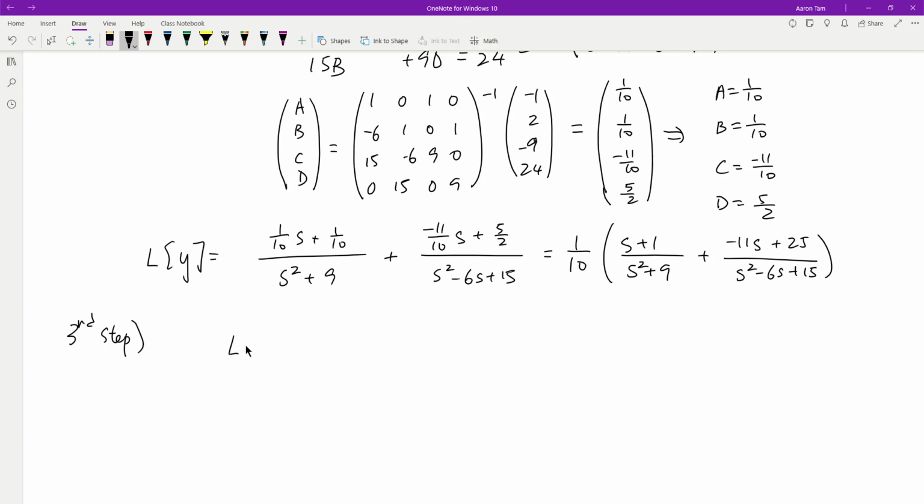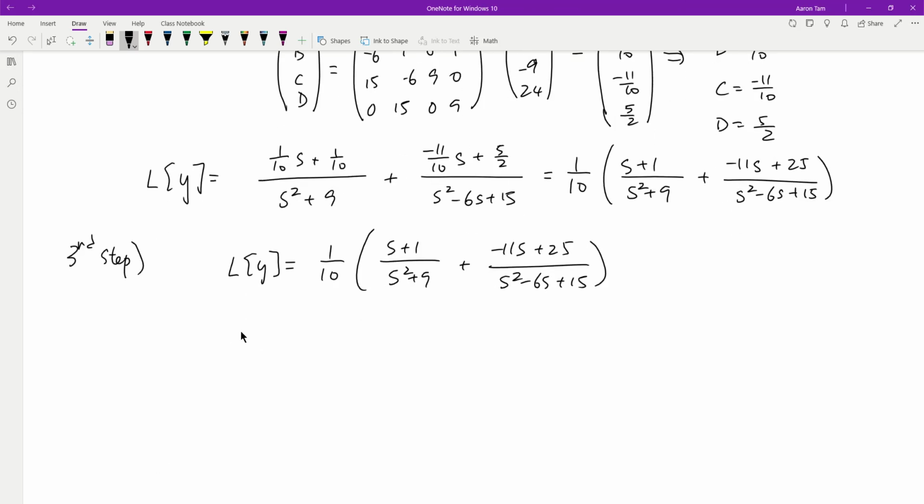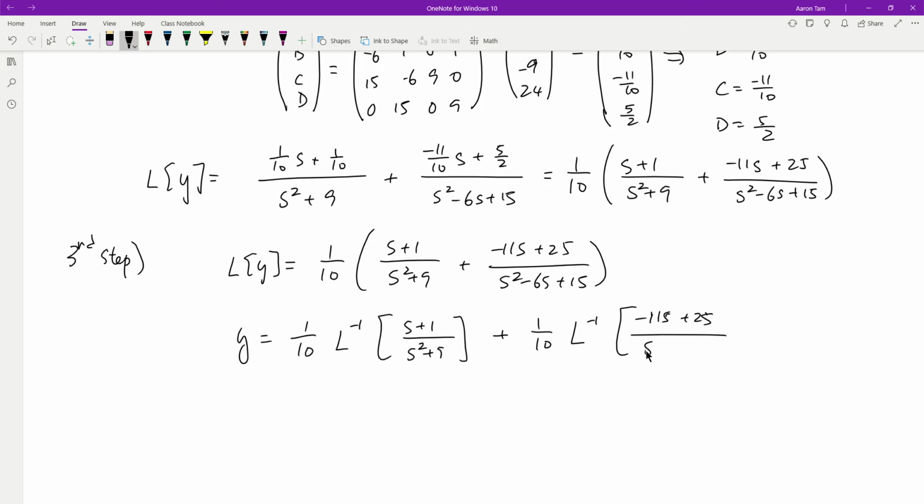The third step is to apply the inverse Laplace transform to figure out what y is. If the Laplace transform of y is equal to 1/10 of s plus 1 over s squared plus 9, plus negative 11s plus 25 over s squared minus 6s plus 15, then y will be 1/10 inverse Laplace transform of s plus 1 over s squared plus 9, plus 1/10 inverse Laplace transform of negative 11s plus 25 over s squared minus 6s plus 15.